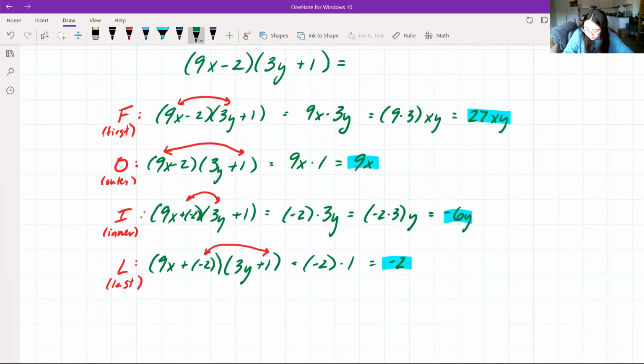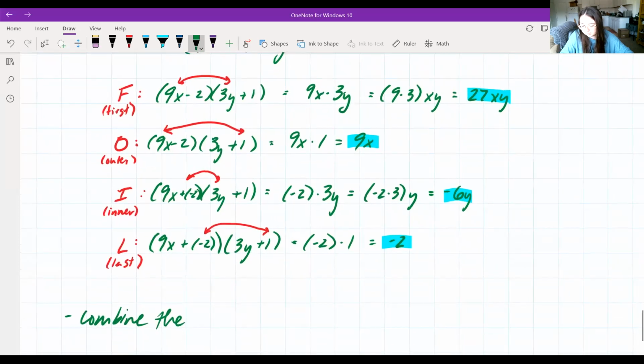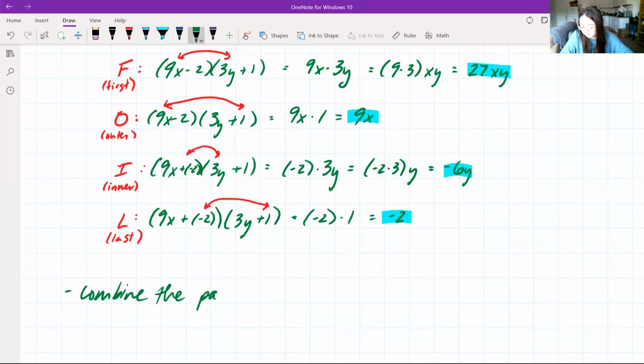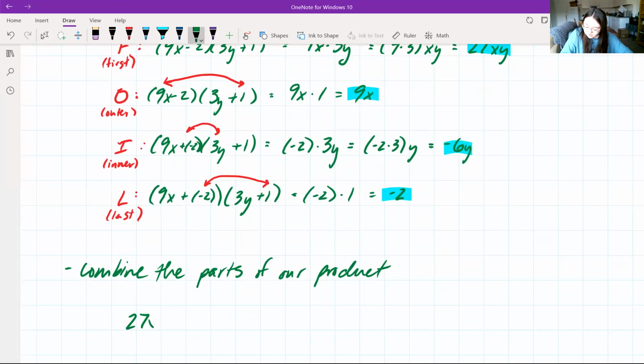So remember, we're going to combine the parts of our product. So we have 27xy plus 9x plus -6y plus -2.